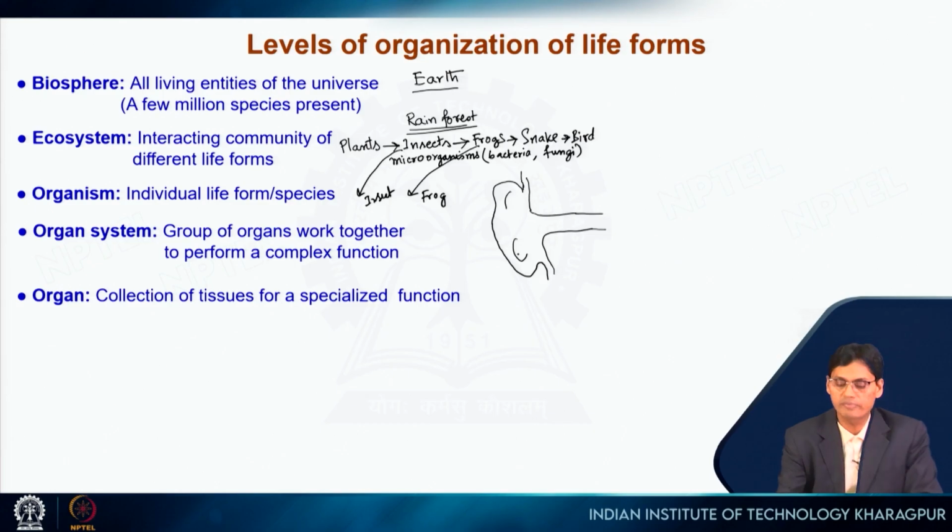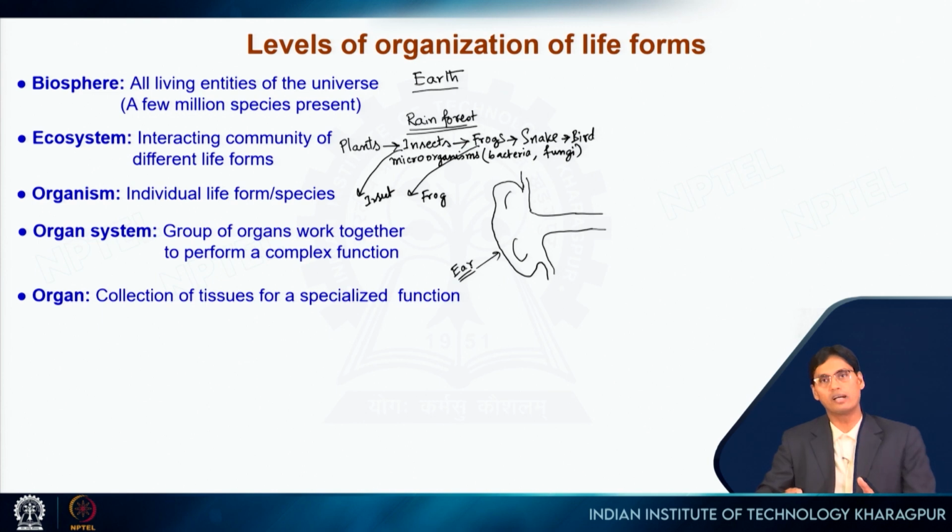So this is our ear, human ear. So this is an organ, and the ear is very important for hearing as well as for balancing. Both functions are actually carried out by our ear. And now if you see, inside an organ we have different types of tissues for a specialized function.